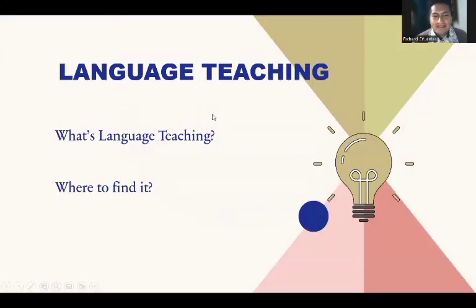Okay. Continue. Language teaching. It refers to the activities that the teacher provides to students to generate knowledge in the language, of the speaking. Where do we find it? We find it in conversations, explanations or presentations.